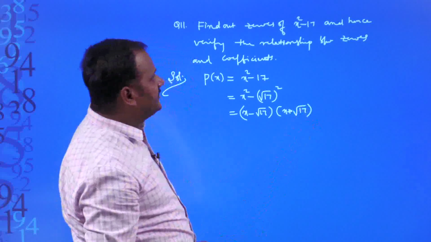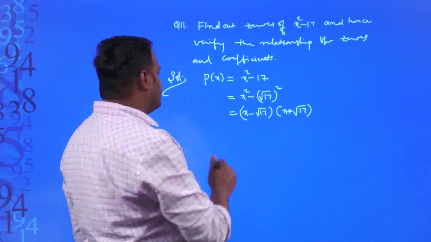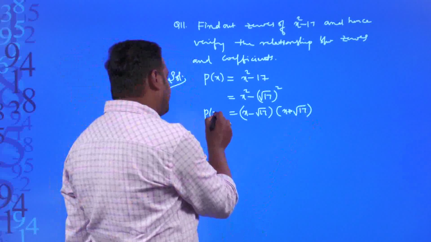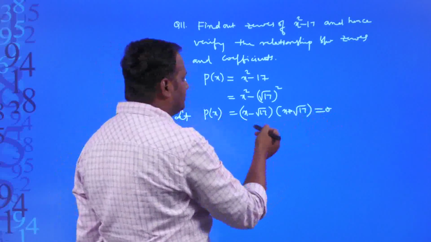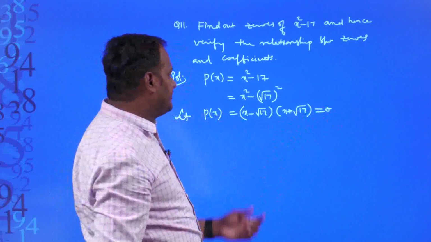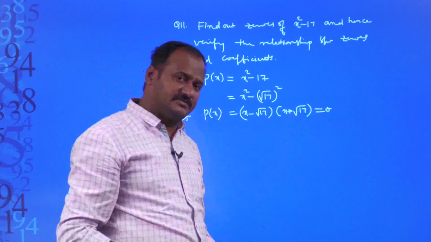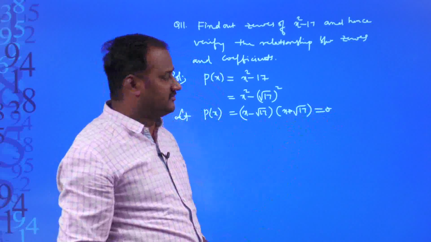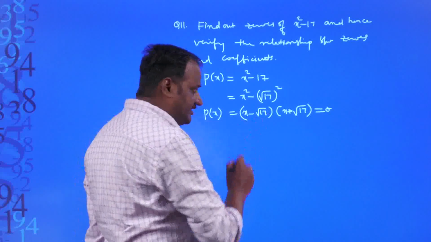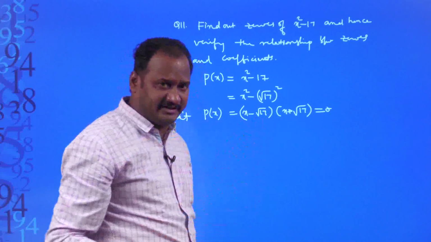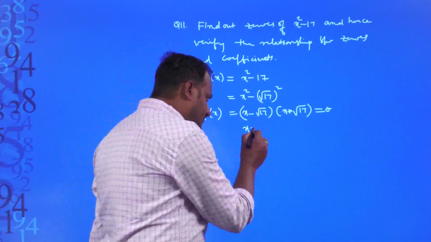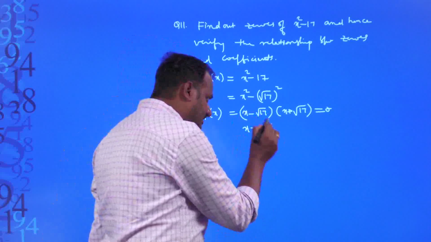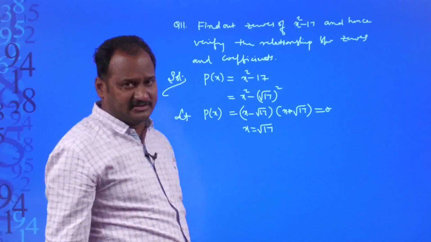Now, I am going to find out zeros of the polynomial. To find out zeros of the polynomial, let p of x is equal to 0, because I am going to make it 0. So, when the product of two terms is equal to 0, either the first term is equal to 0 or the second term is equal to 0, means x minus root 17 equal to 0 or x plus root 17 equal to 0. If x minus root 17 equal to 0, x is equal to root 17, means root 17 is one of the zeros.